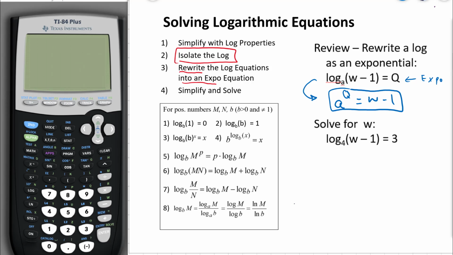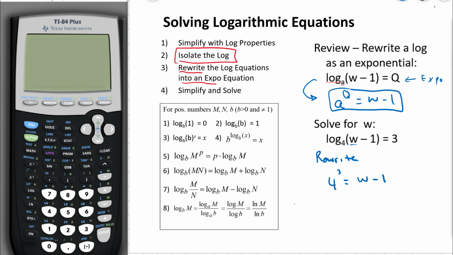Now notice in this second problem, solve for W. There's only one unknown. We just need to figure out what W is. If we rewrite this equation, it may not be obvious how to solve it now, but if we rewrite it, we'll get 4 to the third power equals W minus 1.